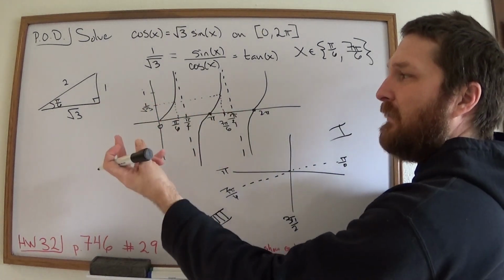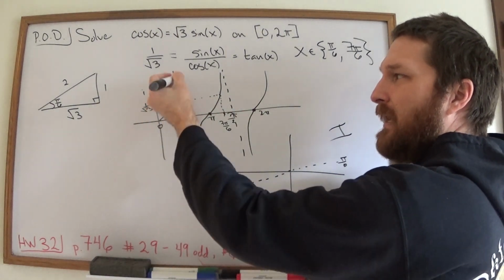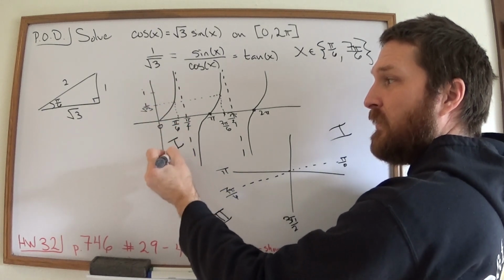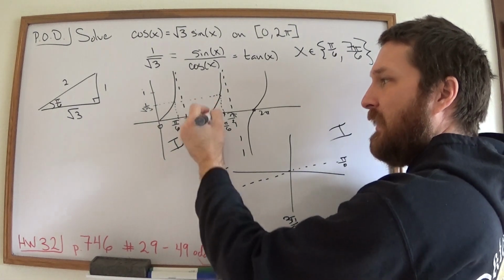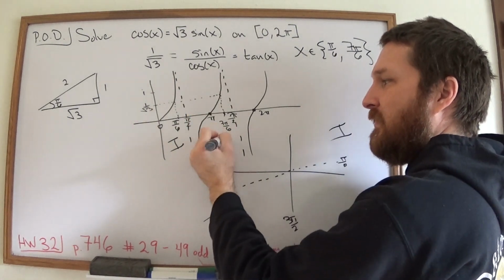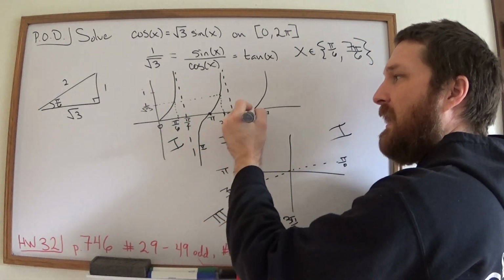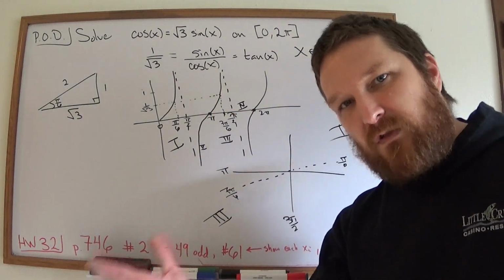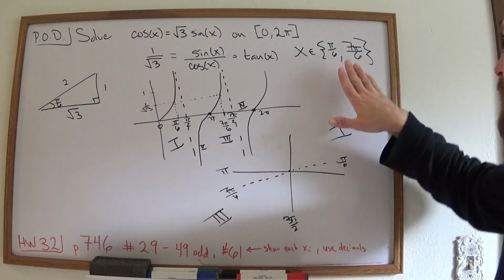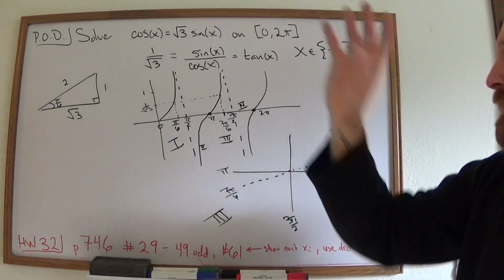You can see it means exactly the same thing. You can see that tangent is positive here in the first quadrant. It's negative in the second quadrant. It's positive again here in the third quadrant. And it's negative here in the fourth quadrant. So on and so forth, right? So we get 2 answers. Those are the answers, and we're done.